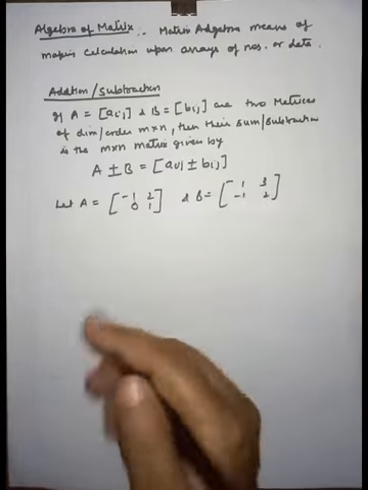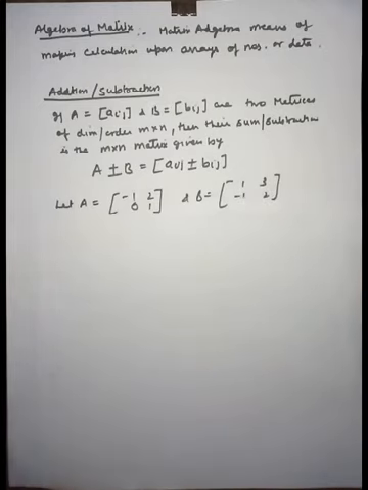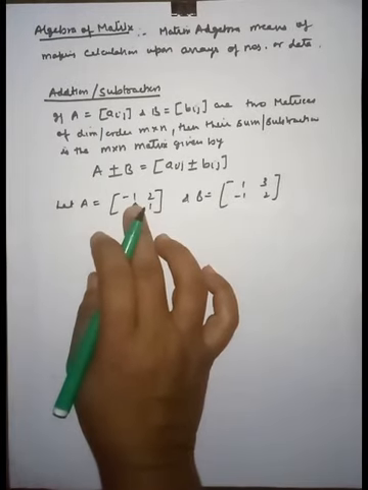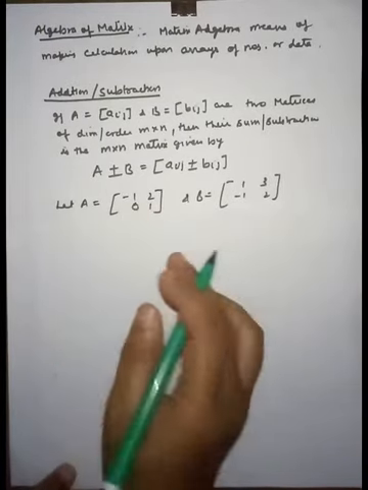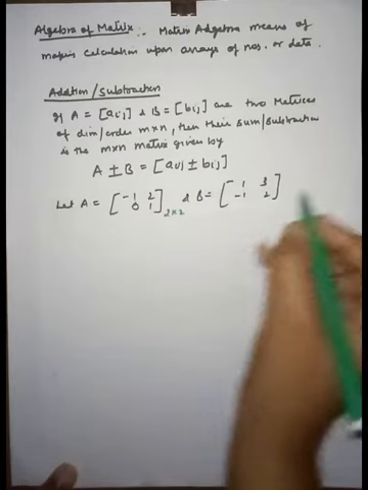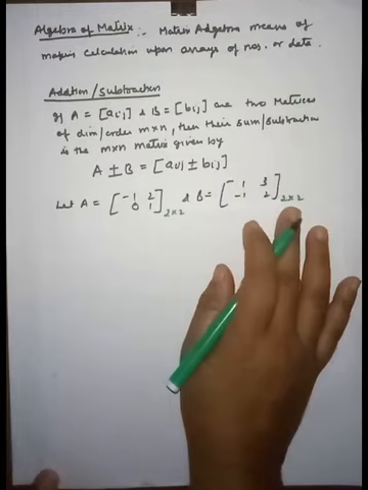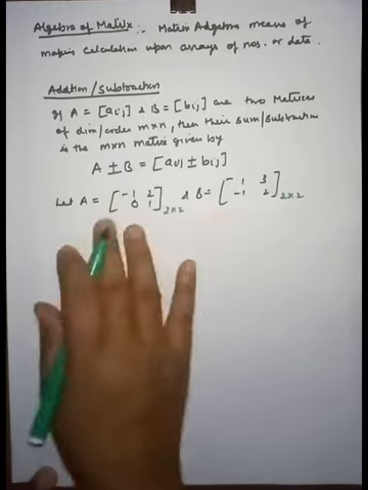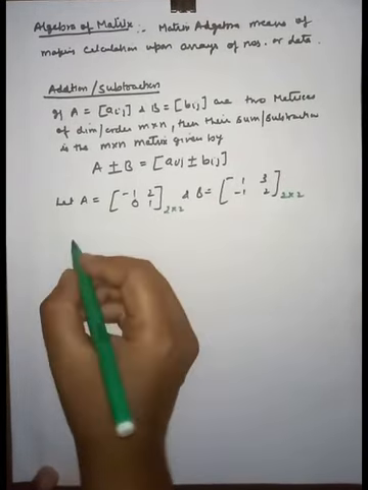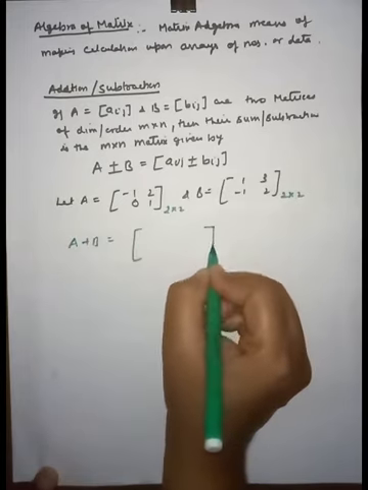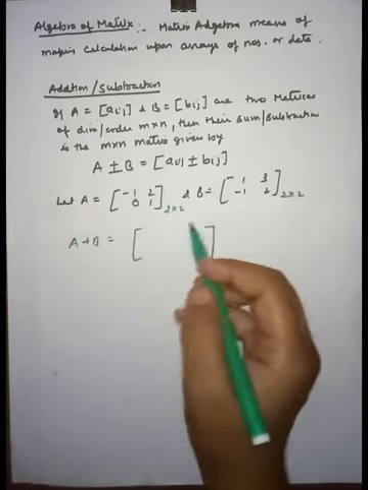So you see friends, here this matrix order is 2 cross 2, and in this case the matrix order is also 2 cross 2. So if you want to add both matrices, what result comes? So how do you add?